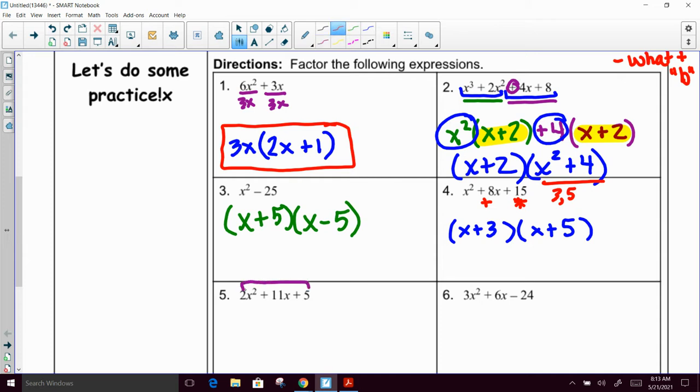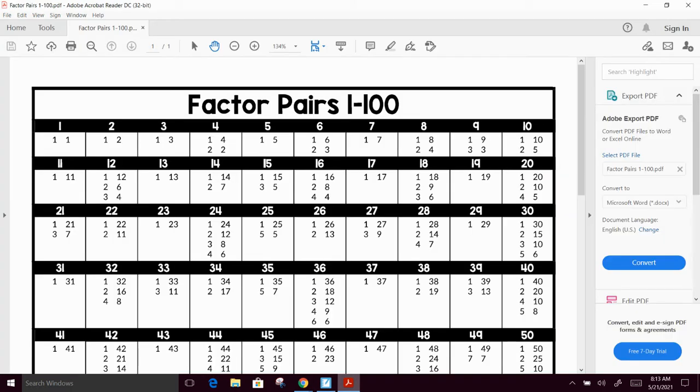Okay, so this is where I multiply. 2 times 5 is a positive 10. So I'm thinking about what multiplies to 10 and adds to get positive 11. If we need to go to the chart, we can. Okay, what multiplies to 10 and adds to get positive 11? 1 and 10.